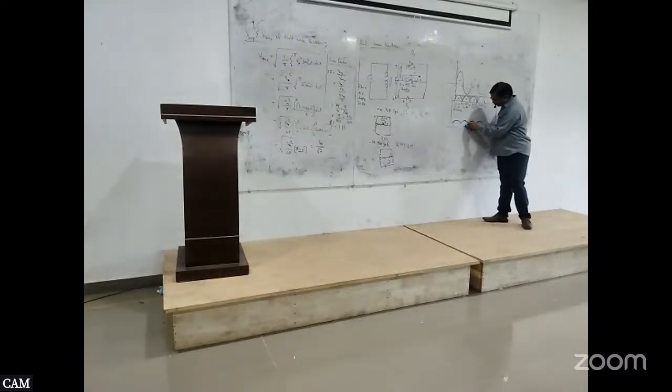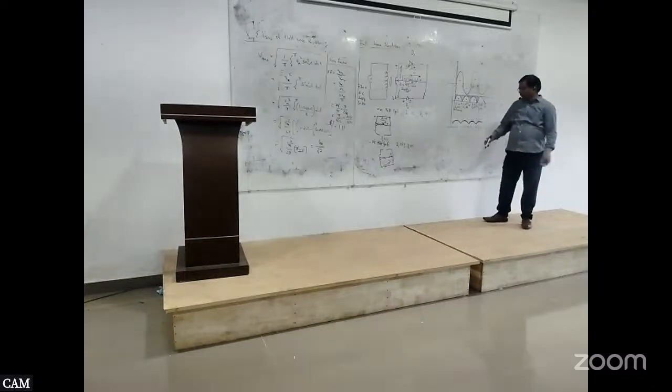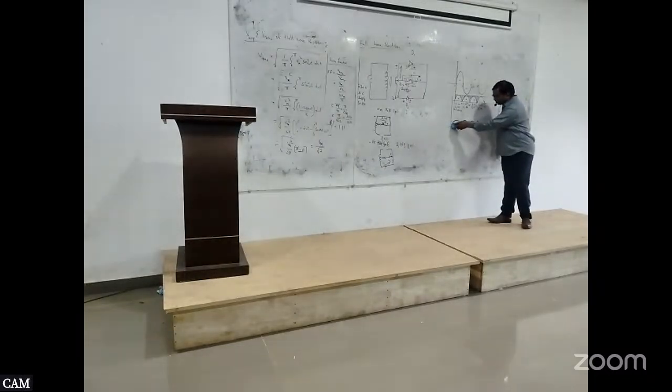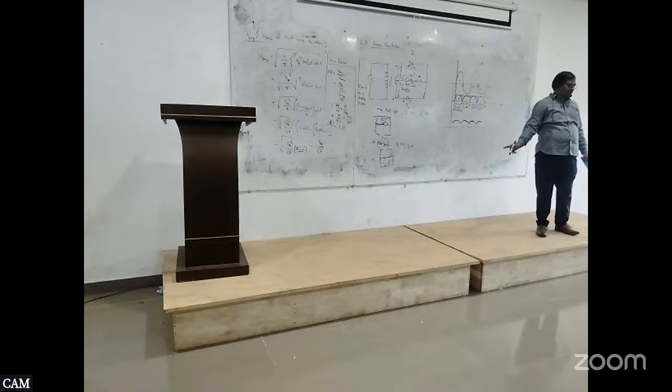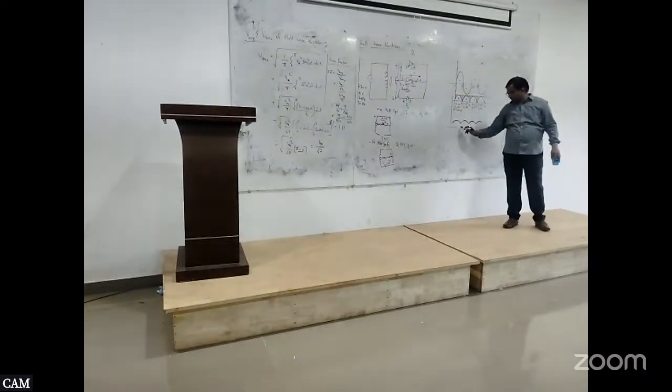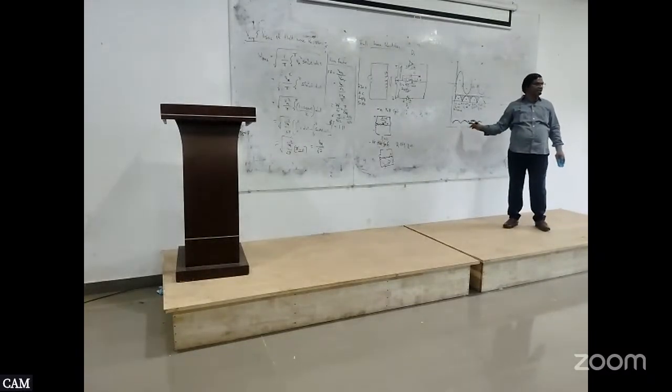This is the output waveform of the full wave rectifier after the filter. See whether it is getting 0. No, it is not getting 0. If it touched here, it would get 0, but it is not getting 0.